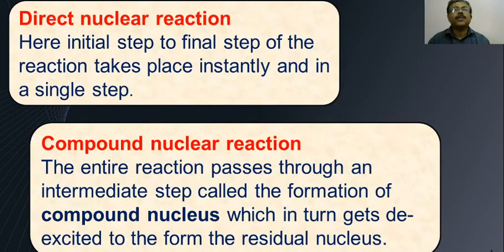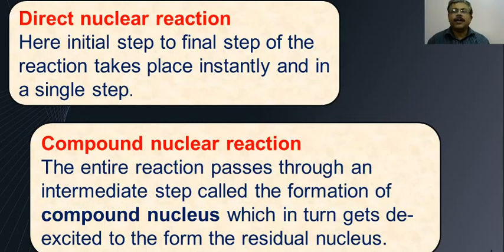Now, when you think of a nuclear reaction, there are two possible types. One we call direct nuclear reaction, where the initial step to the final step take place directly or instantly. It is in a single step. Whereas, in case of some other reactions, there is a formation of an intermediate state.